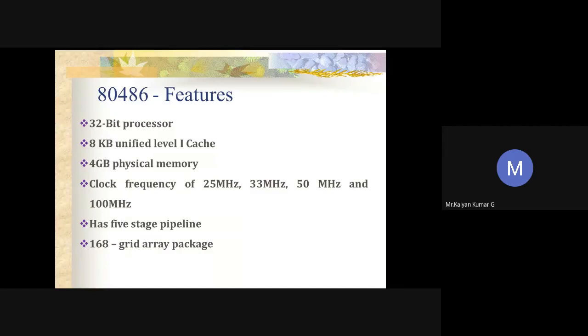And one more important feature I want to mention: in the previous case we had separate instructions for load and store. Here we have load, store, and arithmetic instructions, and all of these can be executed in just one cycle, provided the data already exists in the cache. So just imagine the speed.